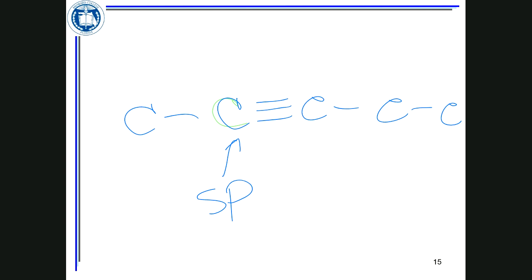How do you know it's sp hybrid? Because only carbon with sp hybrid can form a triple bond.